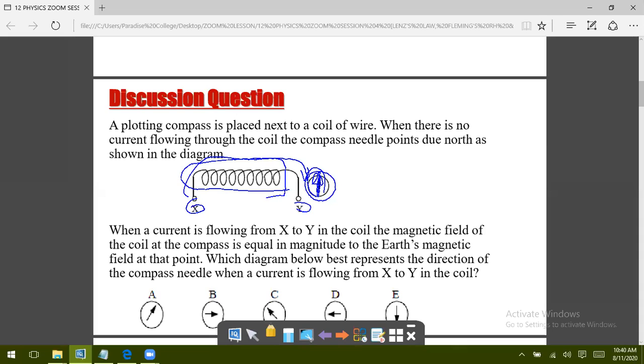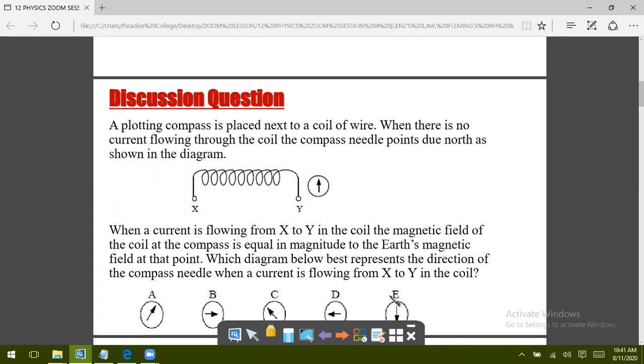All right, that's perfect. Let's now identify the current direction. As current flows, I am going to insert the arrows on the coil to show you the current direction. And using the current direction, it's going to help us to identify the north pole using the right hand grip rule.